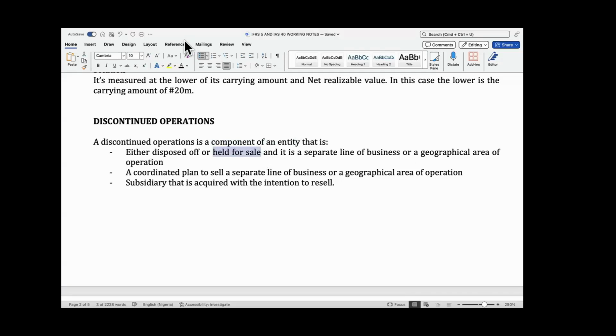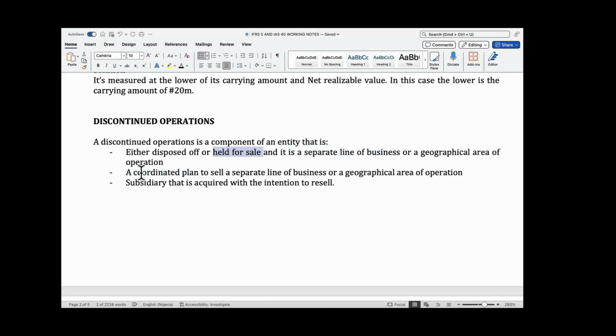Sometimes you might see it as a disposal group. And it's a separate line of business or a geographical area of operation. That confirms that it could be a segment, it could be a branch, it could be a subsidiary like that. Or it could be just a plan to sell, meaning that you are still holding it for sale.